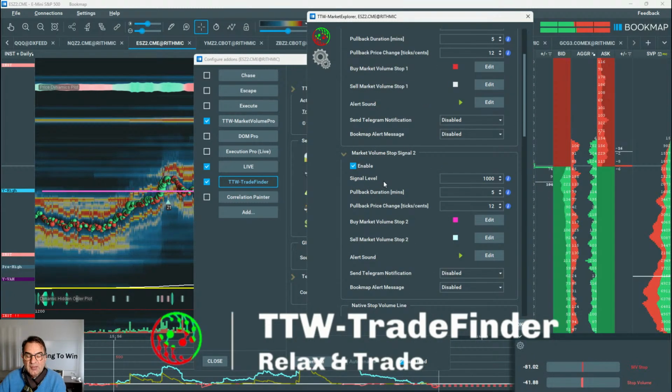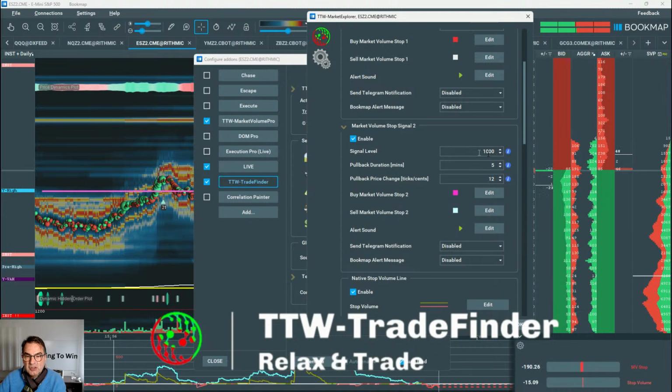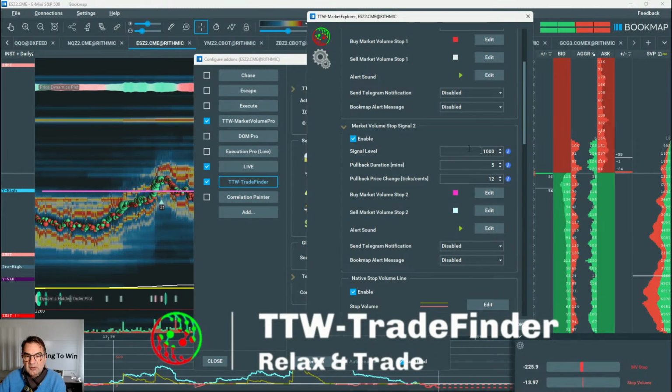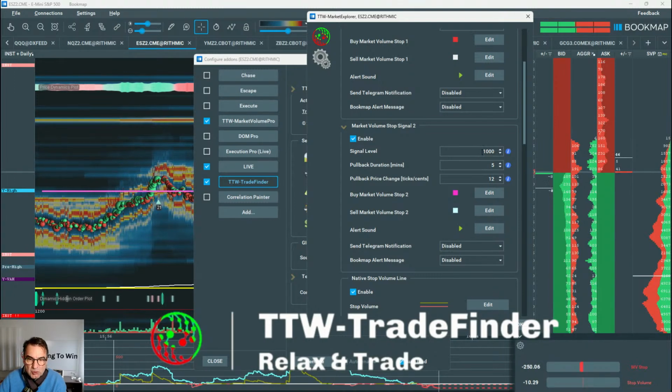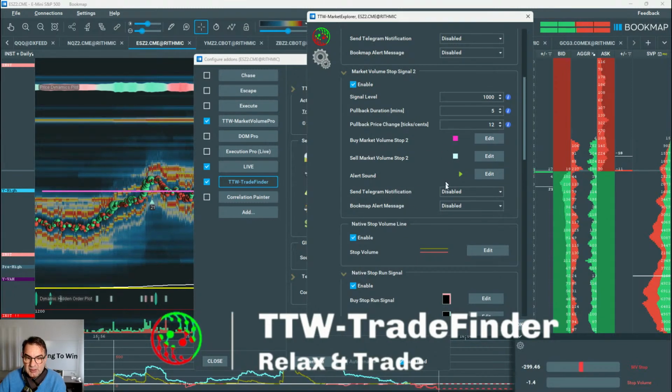So I have now selected market volume stop signal 2 for my settings for the RTH session, which is 1000 for the YES future, and I'm hopefully filtering out all these false positive signals during a very strong trend move. The native stop volume line was added.